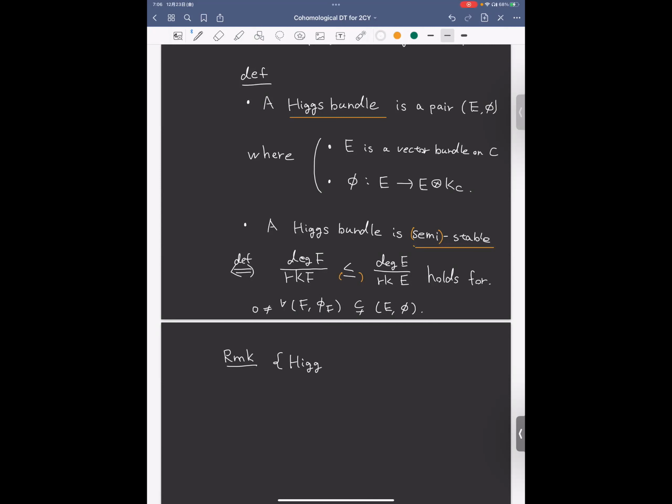There is a bijective correspondence between Higgs bundles on C and compactly supported purely one-dimensional coherent sheaves on the total space of the canonical bundle.